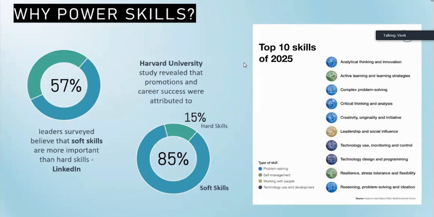Through surveys, research and studies, they suggested the top 10 skills of 2025. This was done in 2020. If you take a look at this list, only 2 skills are hard skills, to do with technology and development. The rest are all soft skills, right? So that's the importance of soft skills.